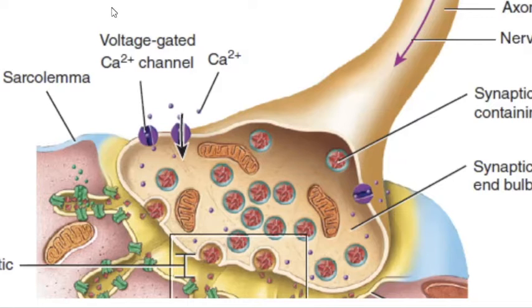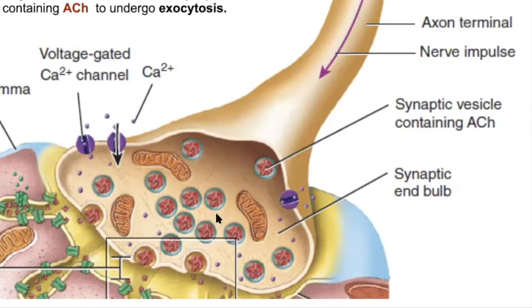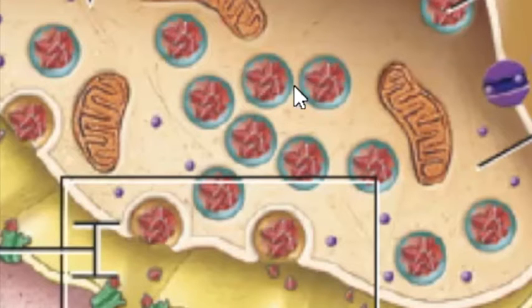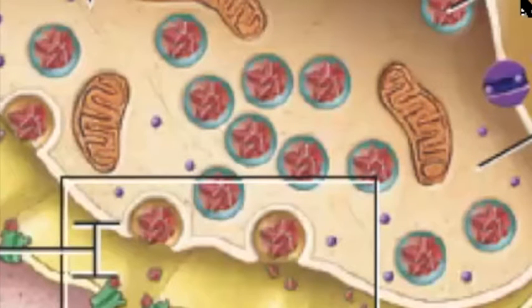All we say is that the entering calcium stimulates these vesicles in here. Remember we talked about vesicles and exocytosis. These little packets of, in this case, neurotransmitters, are filled with the neurotransmitter acetylcholine, in red.